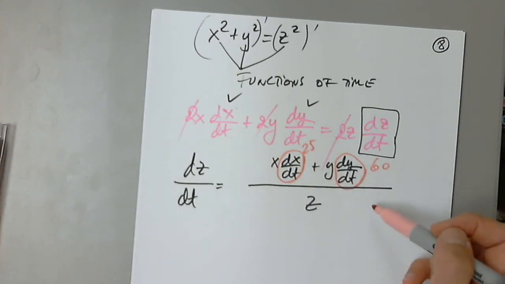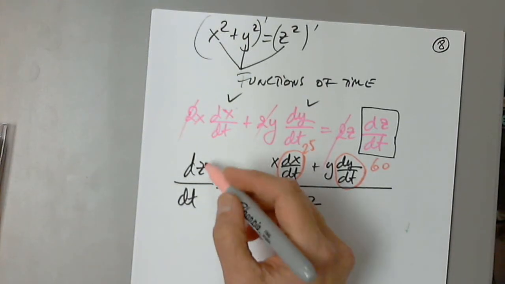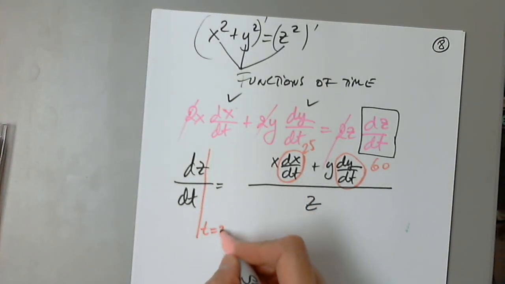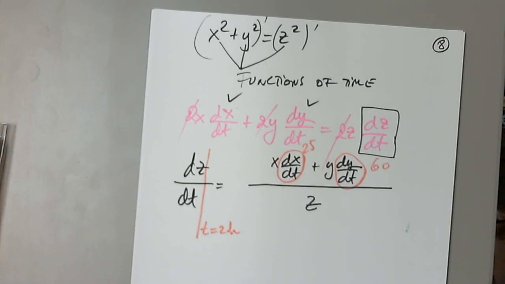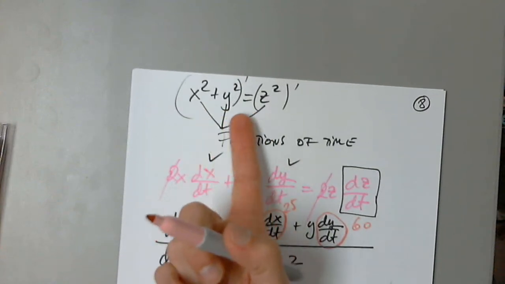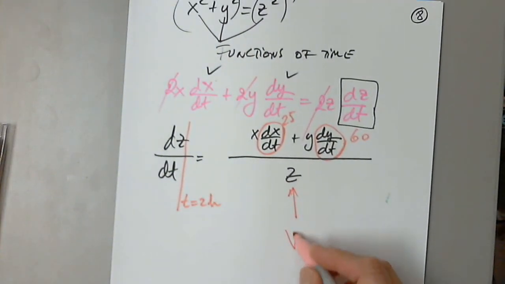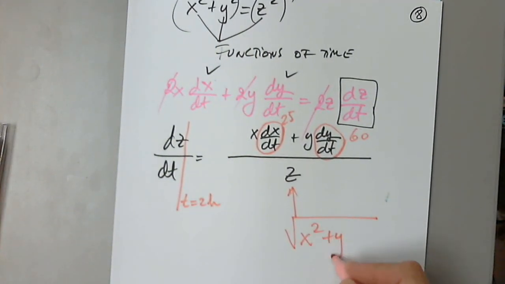So let's find x and y. But now I have to relate that to 2 hours, because x will be a particular quantity 2 hours later. Y will be a particular quantity 2 hours later. And z will be a particular quantity, and I will take it from here by taking square roots. So z is the square root of x squared plus y squared.